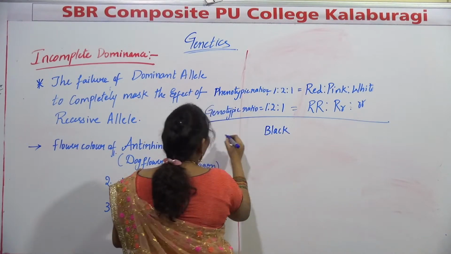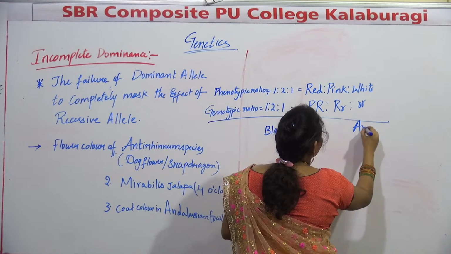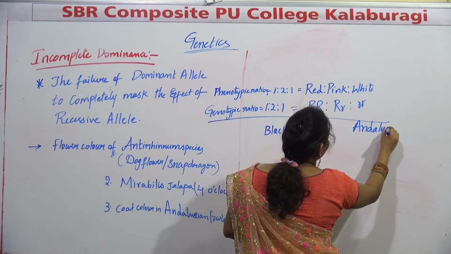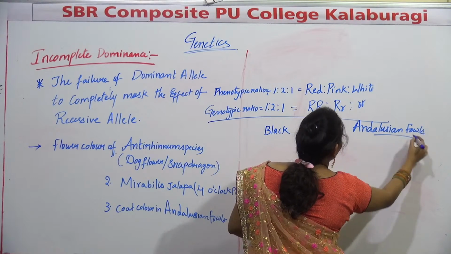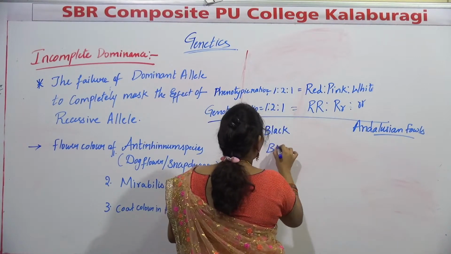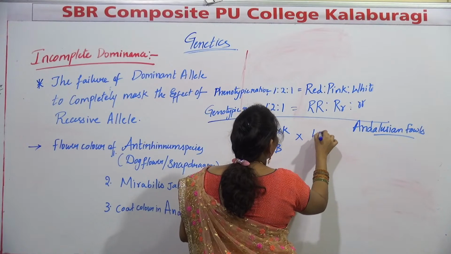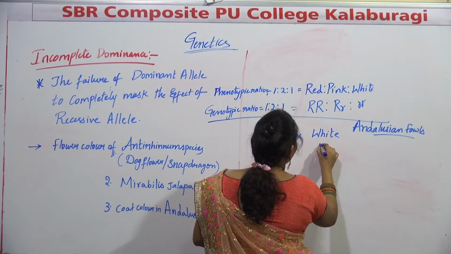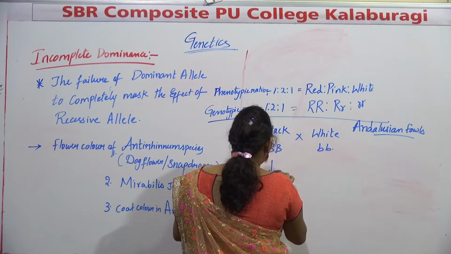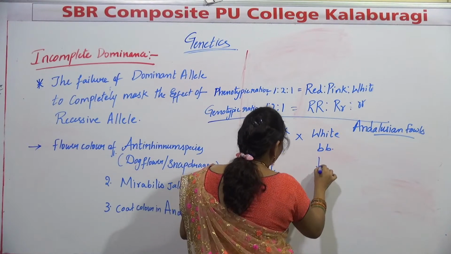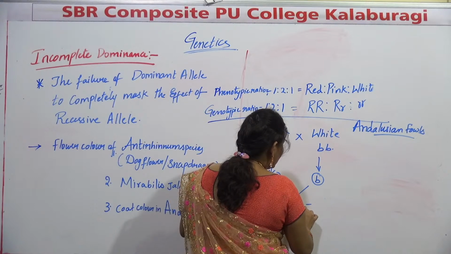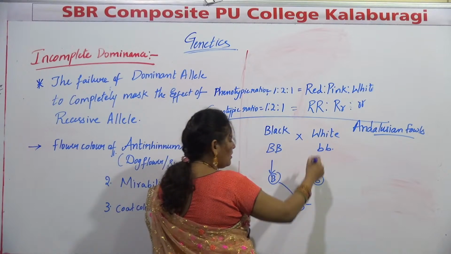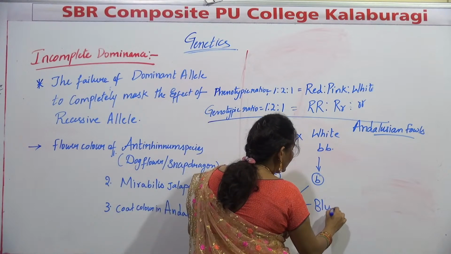In case of Andalusian fowls, when a black fowl is crossed with a white fowl, it has resulted in capital B smaller b, which is neither black nor white, but is blue in color.